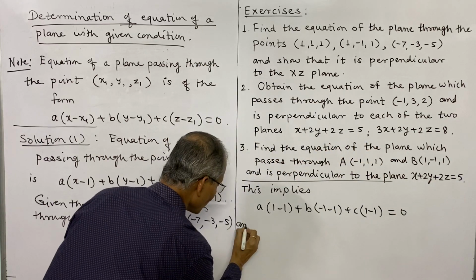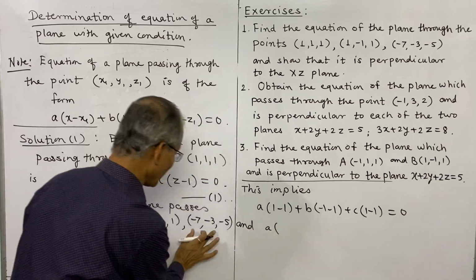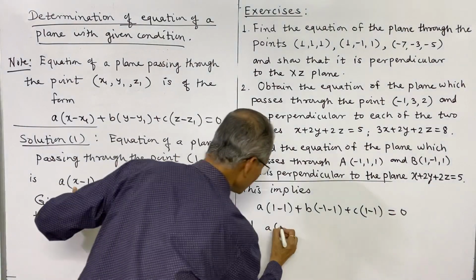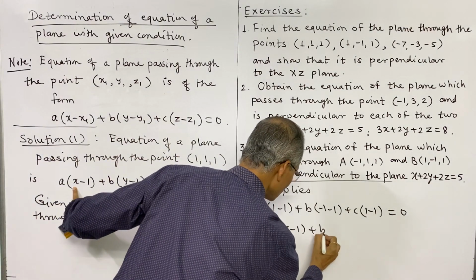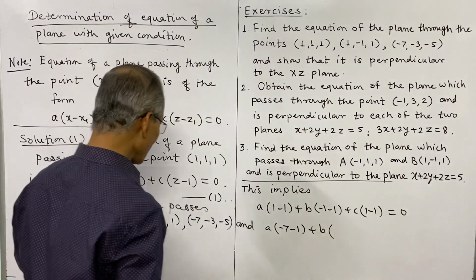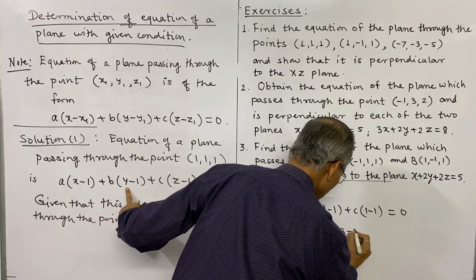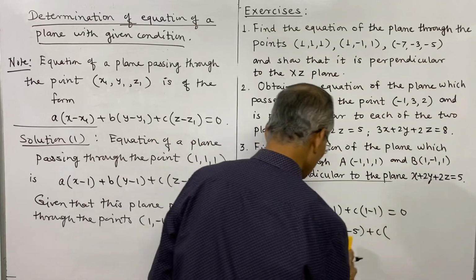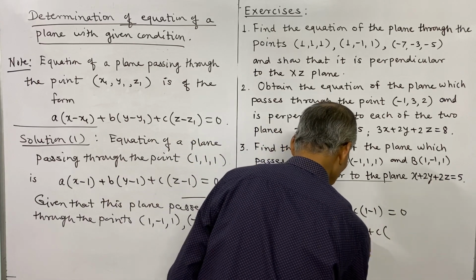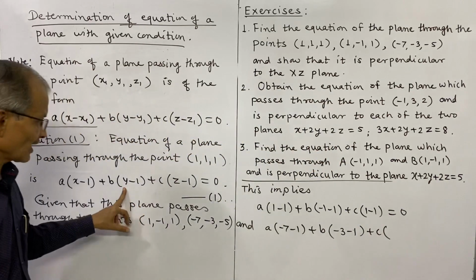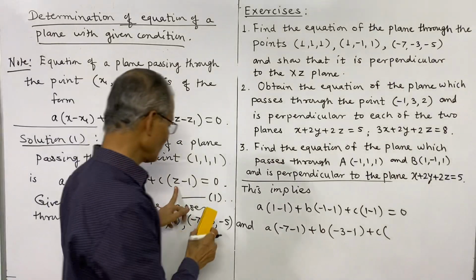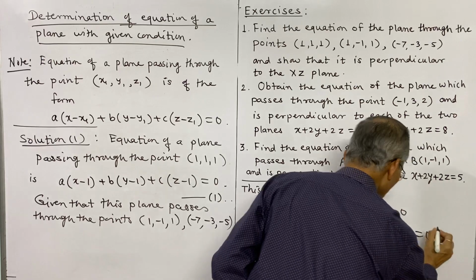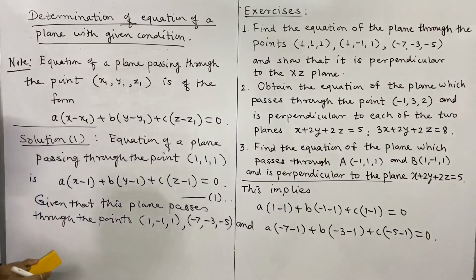And what about the second, this point lies on the same, so a into x is negative 7 minus 1 plus b, y is minus 3 minus 5 and c, z is minus 5 minus 1, is equal to 0. So what that gives further?